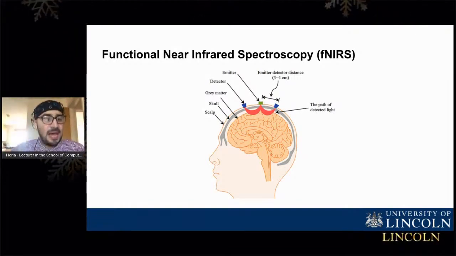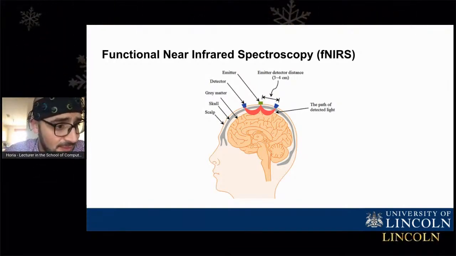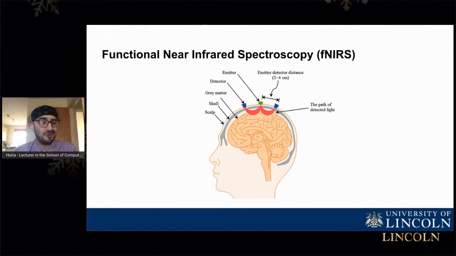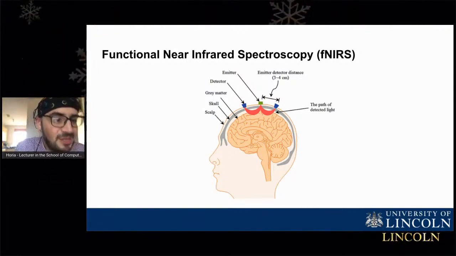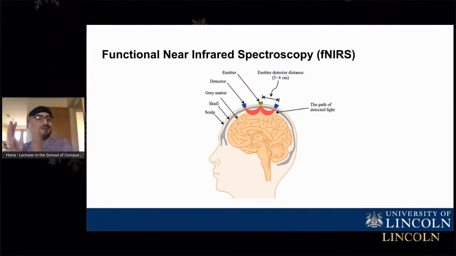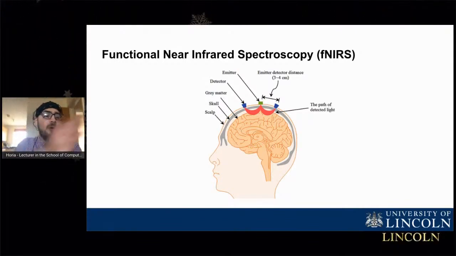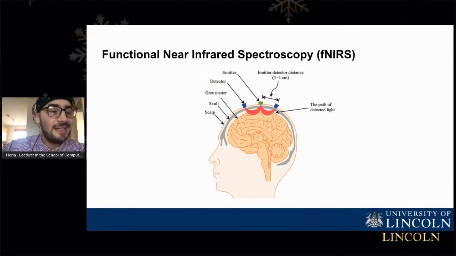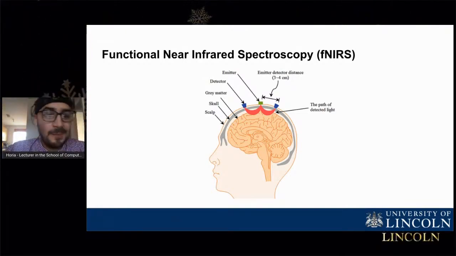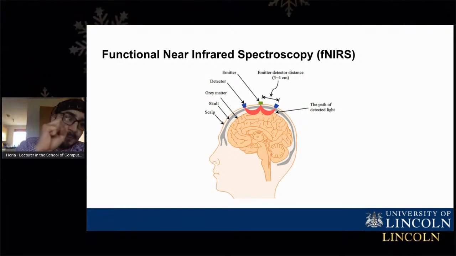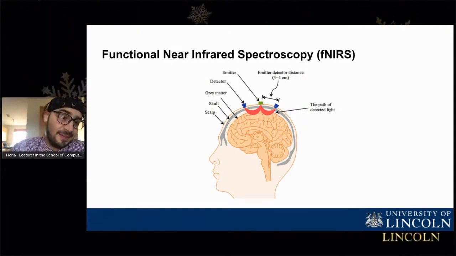This is heavily indicative of brain activity. Once again, your neurons need oxygen to function. When an area gets active, more oxygen is required in that area. Therefore, more hemoglobin will bring fresh oxygen, more light is going to be absorbed by hemoglobin, and less light is going to be refracted back.